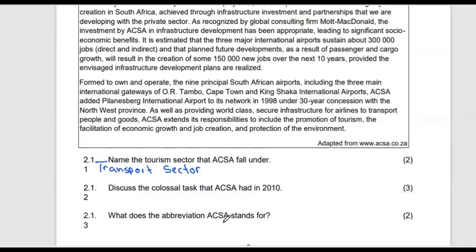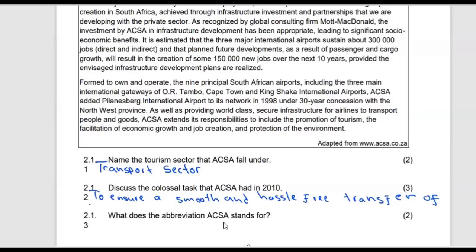So, to ensure a smooth and hassle-free transfer of infrastructure.